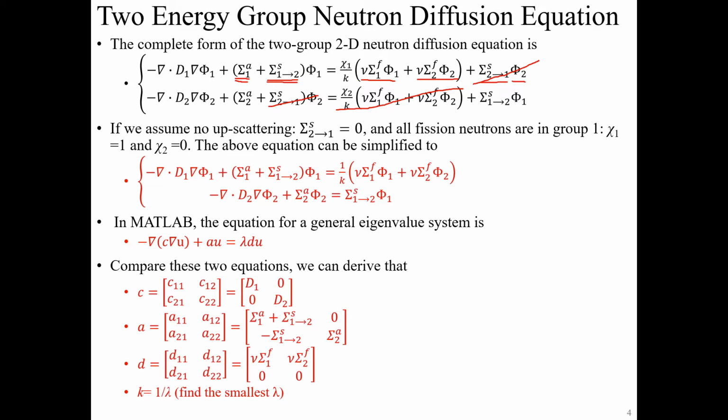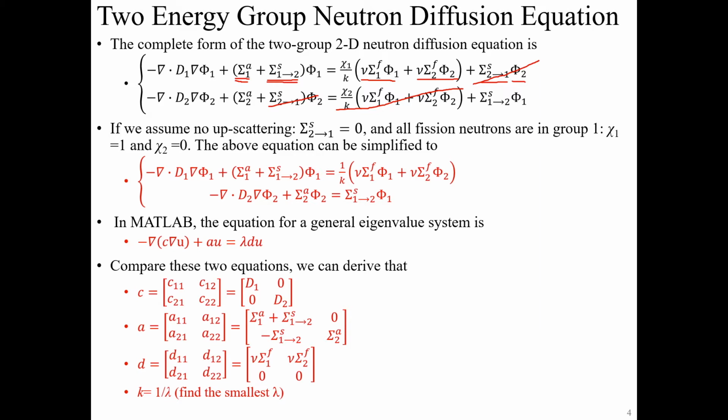By this simplification, we are eliminating a couple of terms. Then we compare this with the MATLAB equation. In MATLAB, the equation for a general eigenvalue system is shown by this formula: negative inverse triangle C inverse triangle U plus AU is equal to lambda DU. This equation is represented in matrix form. So C, A, and D are all matrices, and U is a vector.